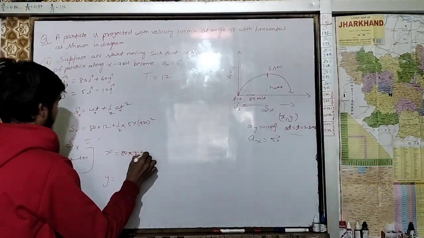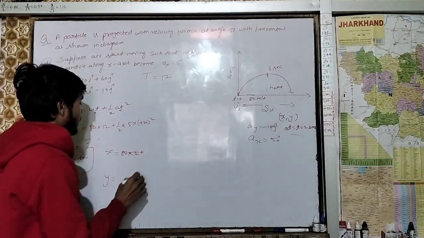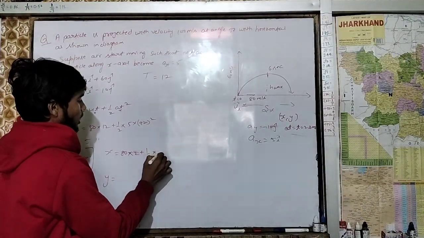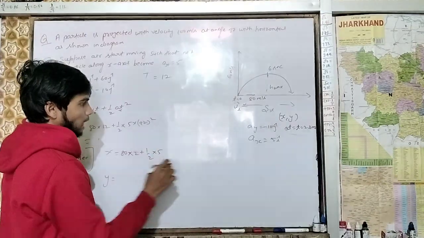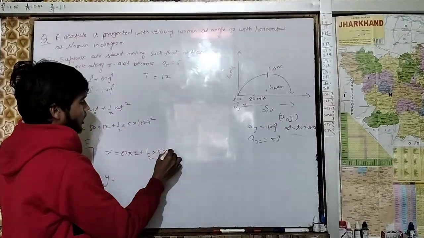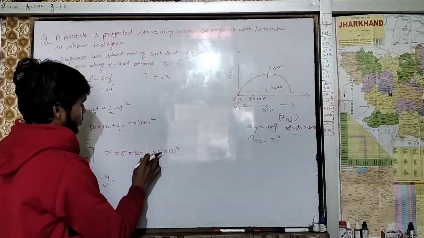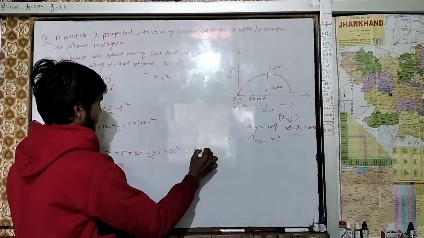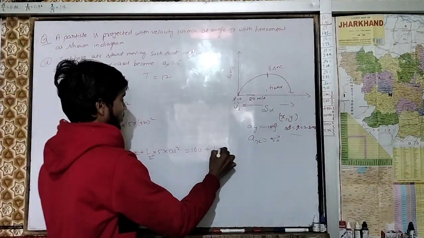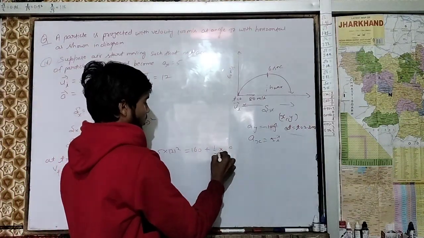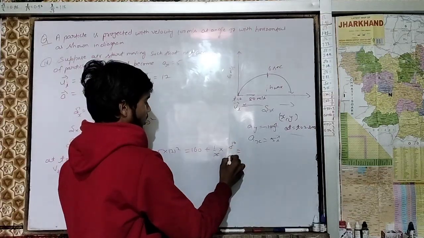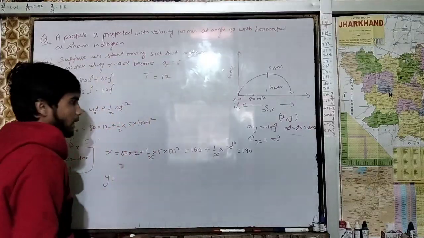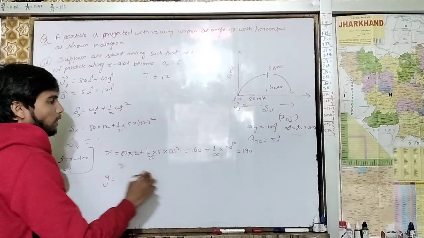Then plus, here a is how much? Half. A is 5, I am talking about this ax. T is 2 raised to power 2. 80 times 2 is 160, plus 1 by 2 multiplied by 5 times 2 to the power 2, which is 4, so 20. Half of 20 is 10. 160 plus 10, this will become 170. This is the displacement, this is the value of x.